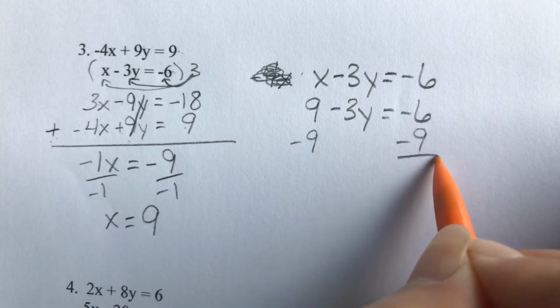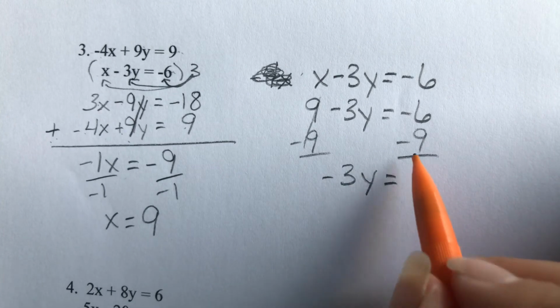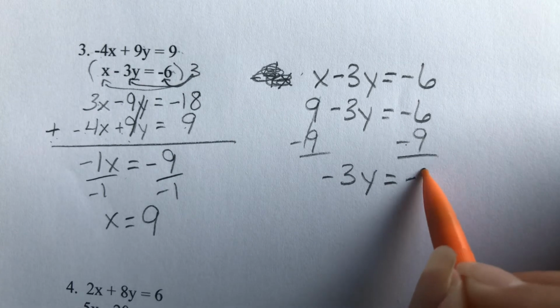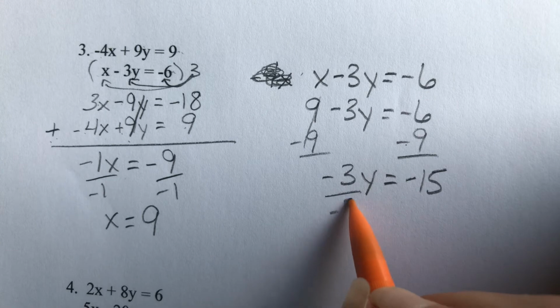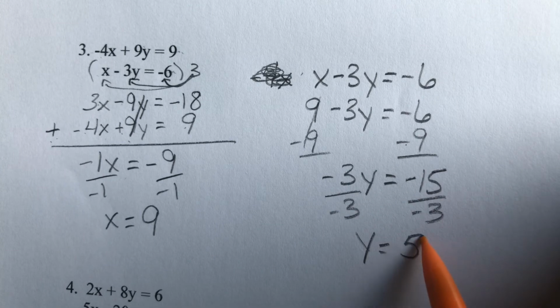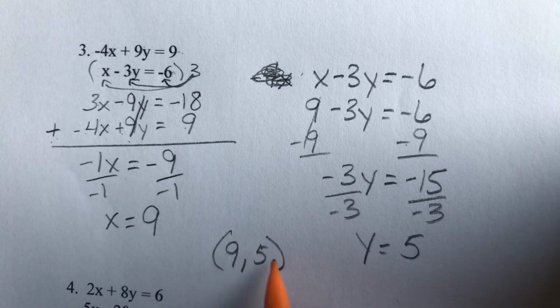Cut out a step by using this one. Negative and a negative, I'm going to get a bigger negative here. Divide by 3, negative 3. I get positive 5. So I think my answer is 9, 5.